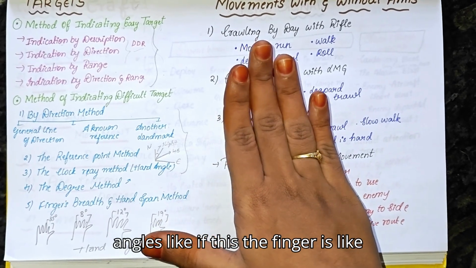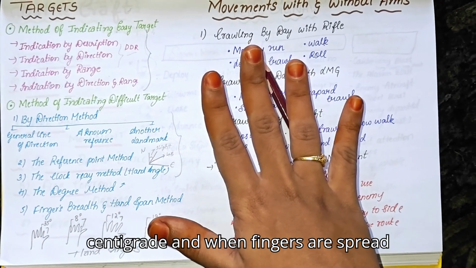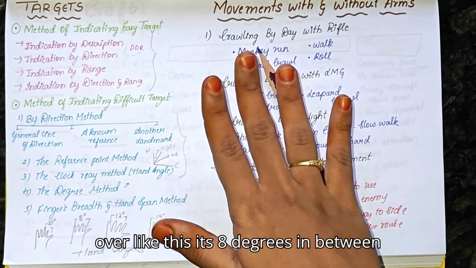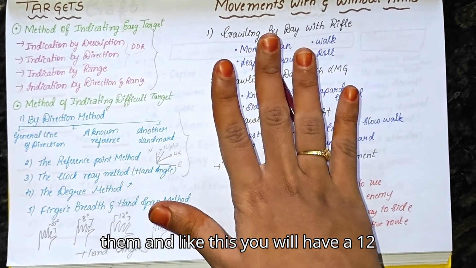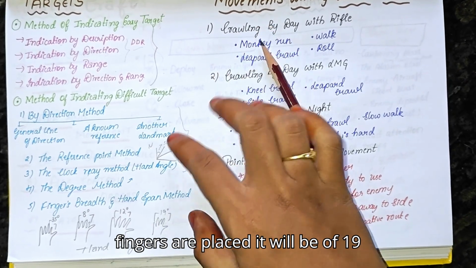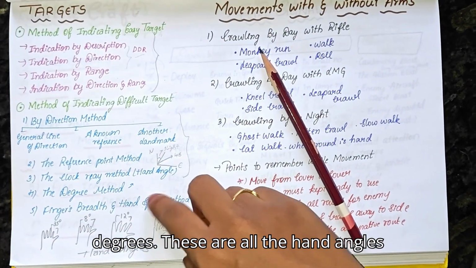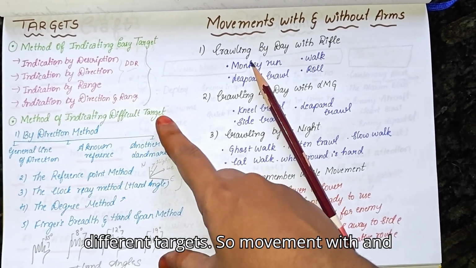Like if the finger is like this, it will be 35 degrees, and when fingers are spread like this, it's 8 degrees between them, and like this you'll have 12 degrees of angle, and when the closed fingers are placed, it will be 19 degrees. These are all the hand angles which are used in indicating the difficult targets.